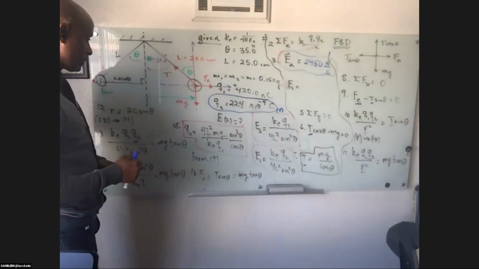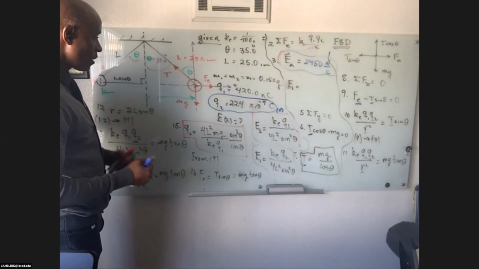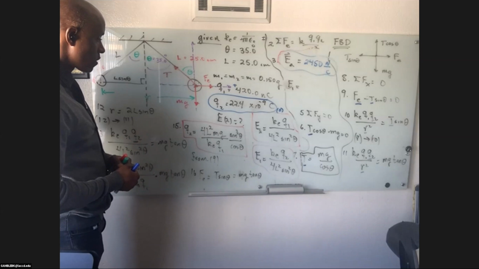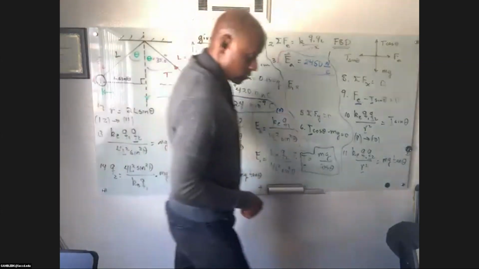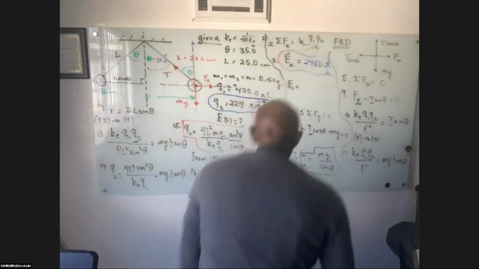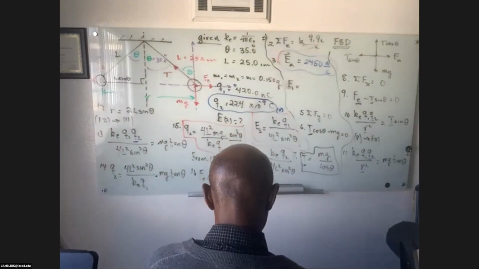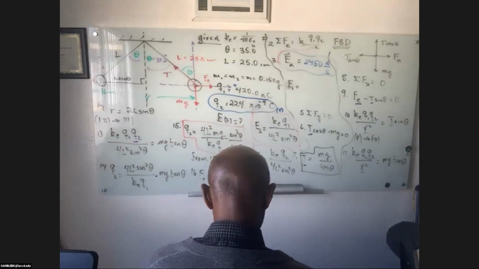And for the other guy, I just stick charge 2 in it, 420 nanocoulombs. So for E1, 420.